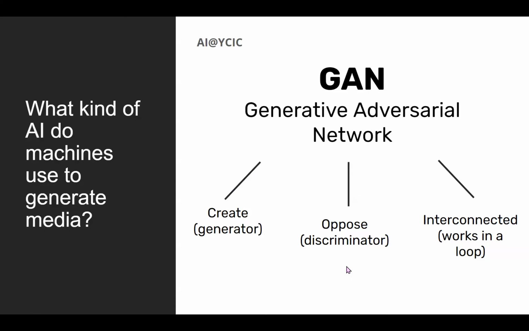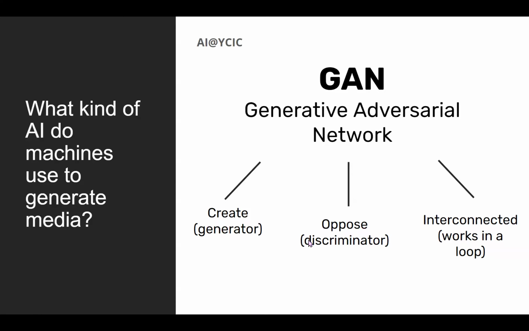The second part, the discriminator, opposes the generator. Its job is to tell the generator that its creations don't look real. Basically its job is to identify if it's fake or not. And they work together, because every time the generator creates something new, it asks the discriminator if it's real or not.